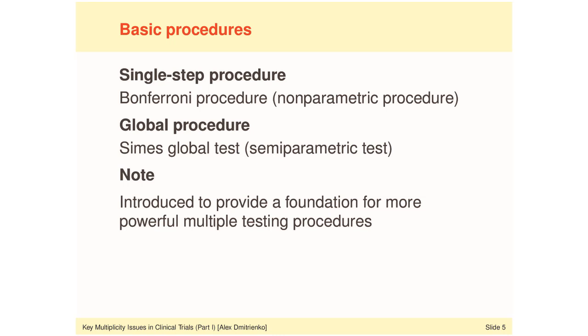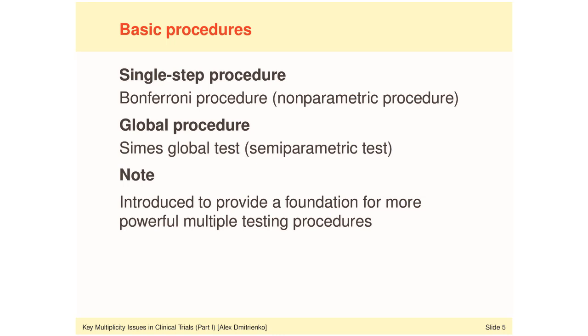We will define the Bonferroni and Simes procedures. And an important reminder for us here is that the Bonferroni and Simes procedures will be introduced not necessarily because they are useful by themselves, but mostly because they provide a foundation for more efficient, more powerful, stepwise multiple testing procedures.